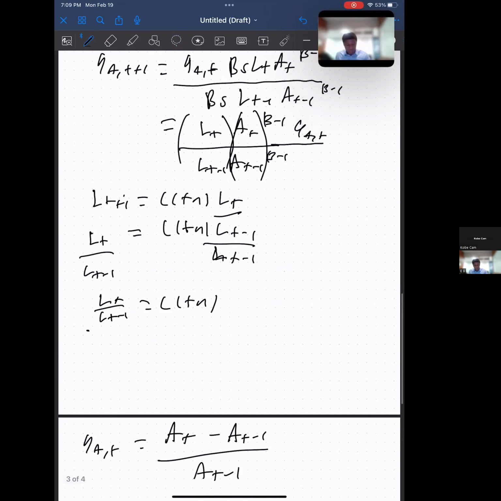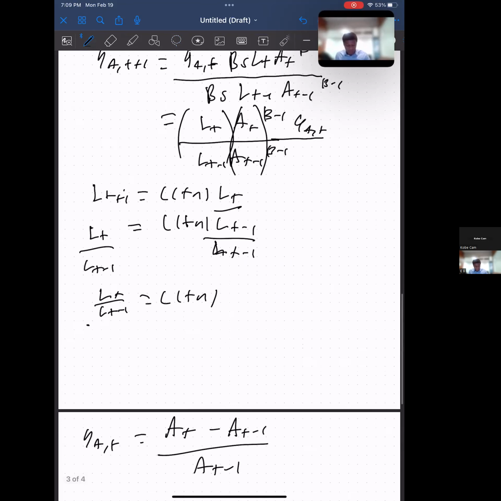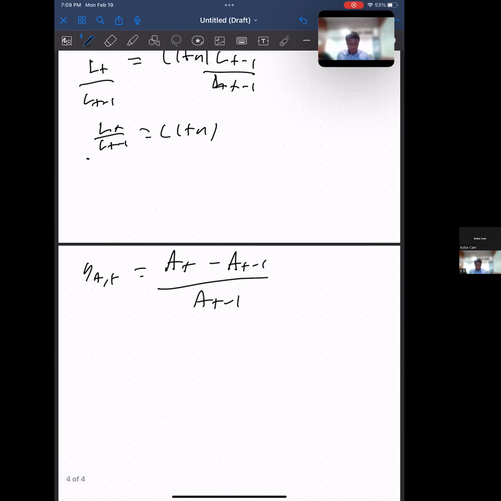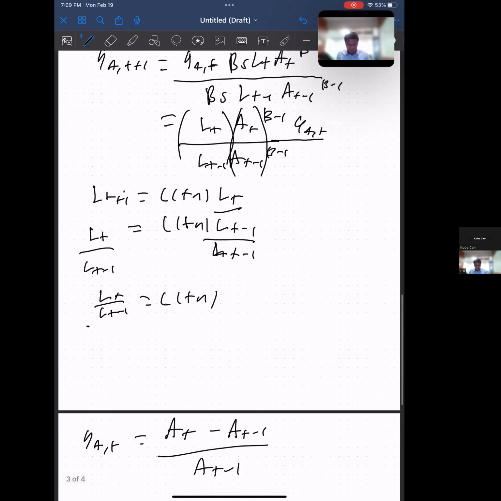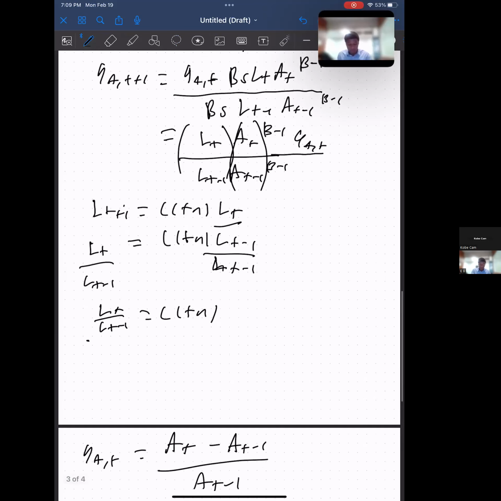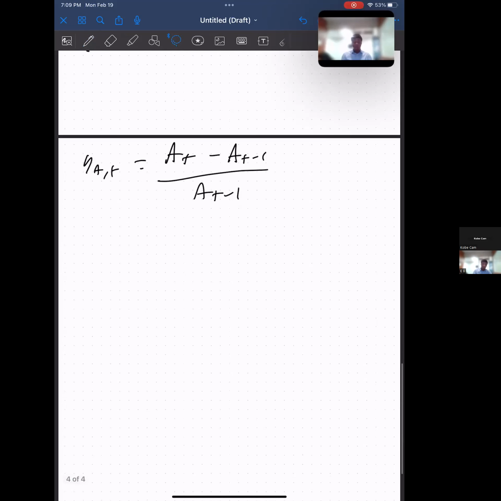Because we have A_{t-1} here. If we could manipulate this equation, then we could find a way to incorporate another growth rate of A_t into this equation. We could replace this value right here, this A_t divided by A_{t-1}, with something. See what we can do.